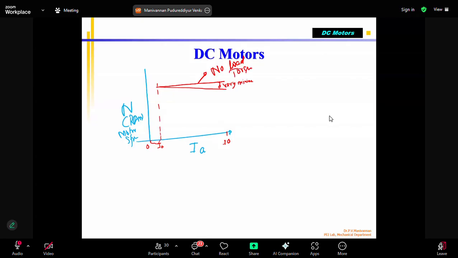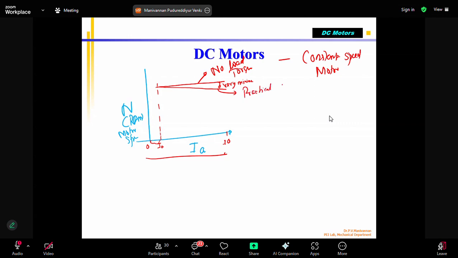That means no load is acting, you are just increasing current. Motor speed remains constant. Shunt motor is a constant speed motor. Because of this characteristic, it is called a constant speed motor. Even though your current varies from 0 to 10 amps, the motor speed will remain theoretically constant on no load condition. But this is a practical motor.